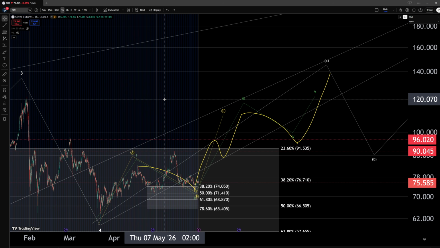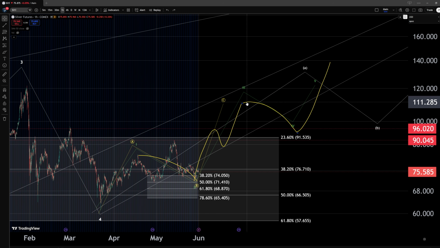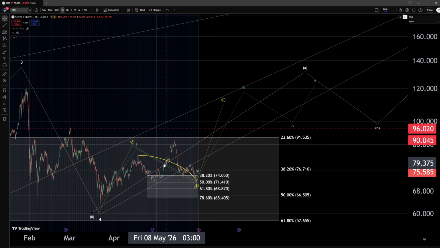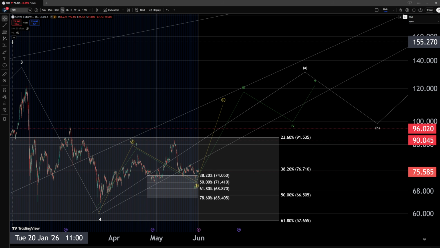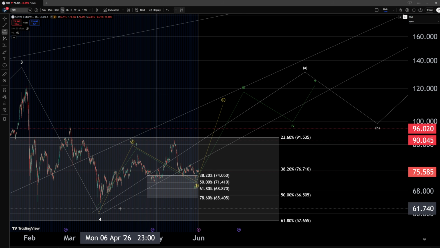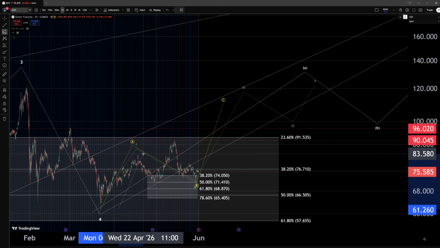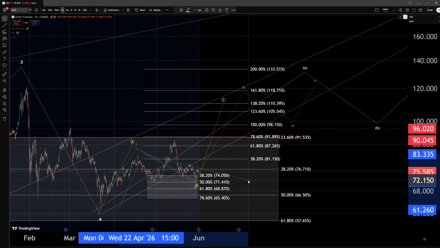I have already provided in the previous video the ideal targets for both the wave C in yellow and the wave 3 in green. And we have to understand that especially within the wave C in yellow, we could see a quite large range for what we can typically expect. The ideal target is actually at the 100% extension of the wave A, that is at $98.